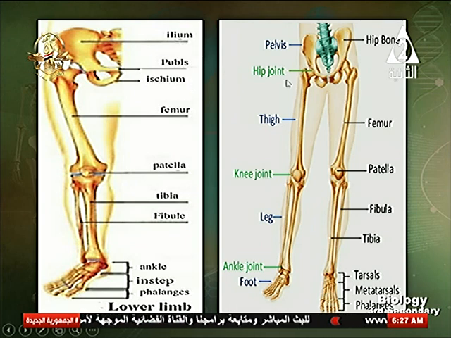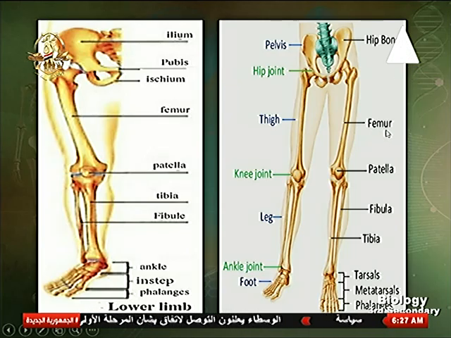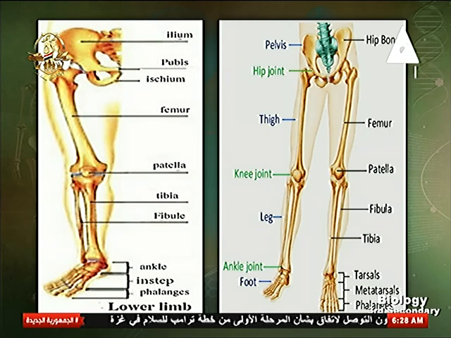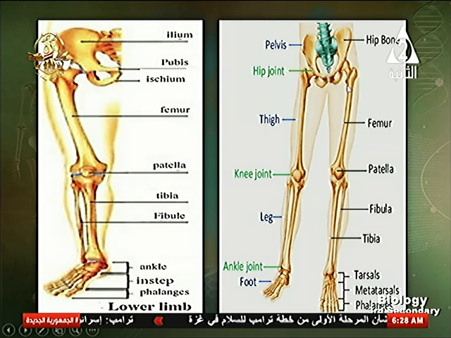This is the hip joint, formed from the acetabulum cavity and the head of the femur. The femur is a long, thick bone, and its head fits in the acetabulum cavity, forming the hip joint.